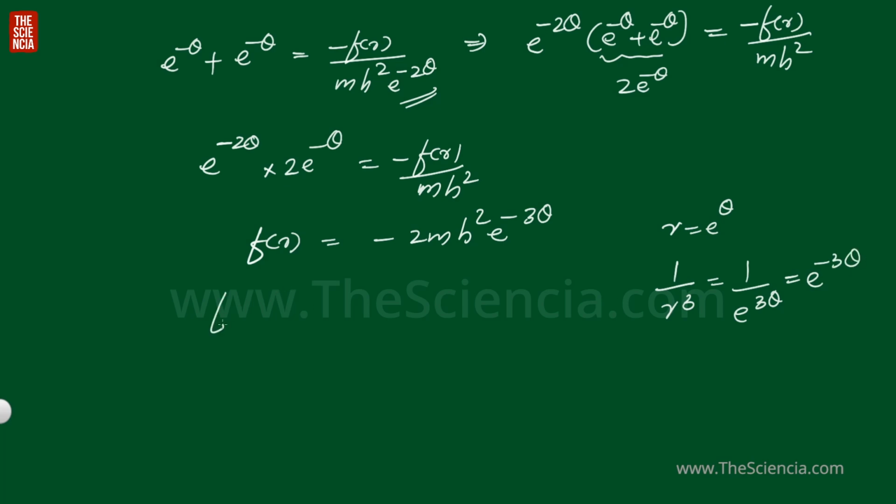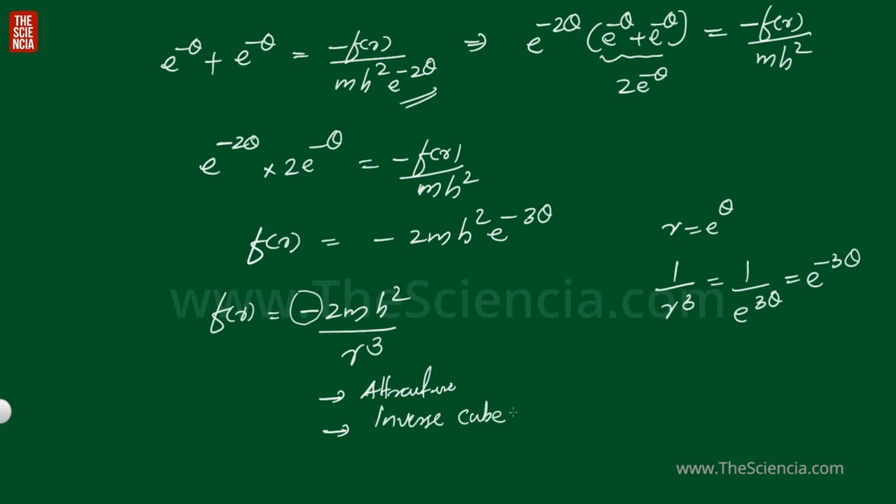So we get f of r is equal to minus 2m h square by r cube. So this minus sign represents an attractive force, and this is an inverse cube law, because of 1 by r cube. Okay.